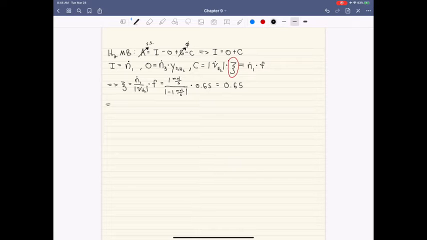Now that we have this information, we could go back to our hydrogen material balance.